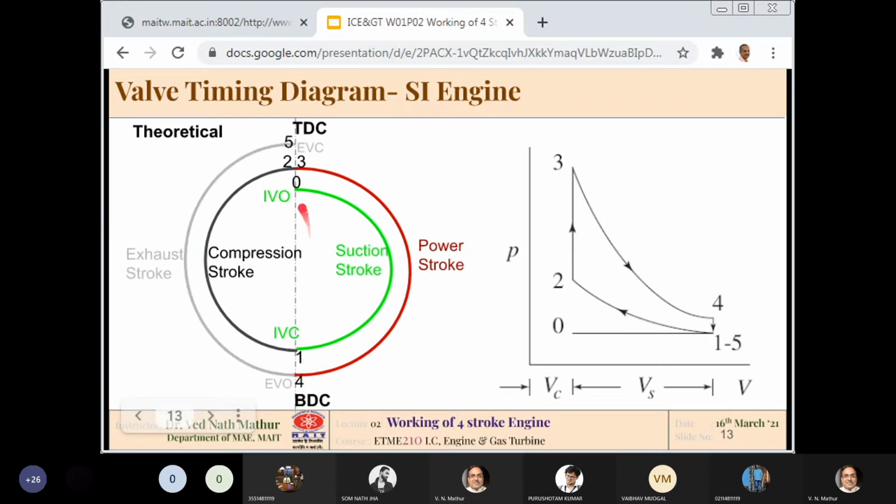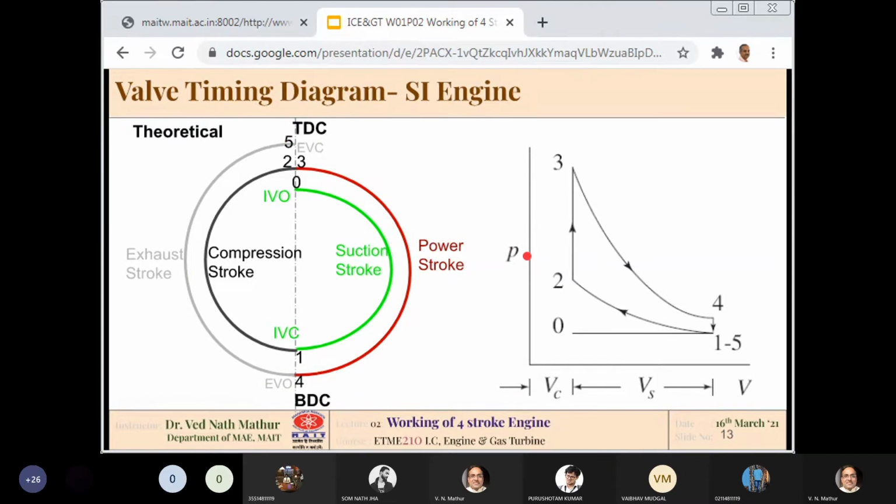So at point 0, the inlet valve opens. At point 1, the inlet valve closes. Then the compression stroke. At point 2, the exhaust valve closes. Then combustion takes place, 2 and 3. And then from 3 to 4, we have the power stroke. At point 4, the exhaust valve opens and the exhaust stroke takes place. And at point 5, the exhaust valve closes. So this diagram is the theoretical diagram.